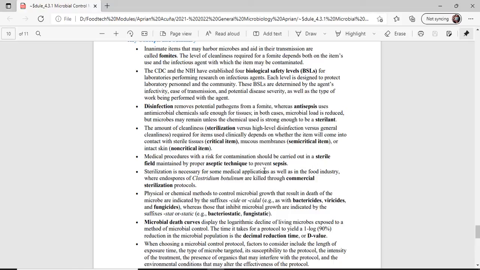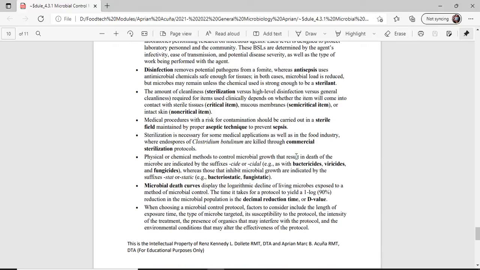Your sterilization is necessary for some medical applications as well as the food industry, whereas your endospores, your Clostridium botulinum, are killed through commercial sterilization protocol kung sa diin target lang patyon ang C. botulinum and leaving your mga non-pathogenic microorganism behind. Your physical and chemical methods control your microbial growth, resulting in death of your microbes.